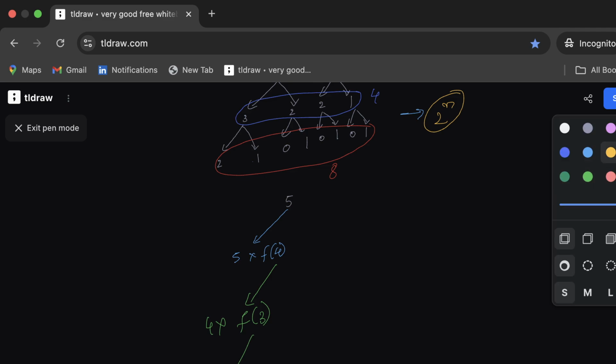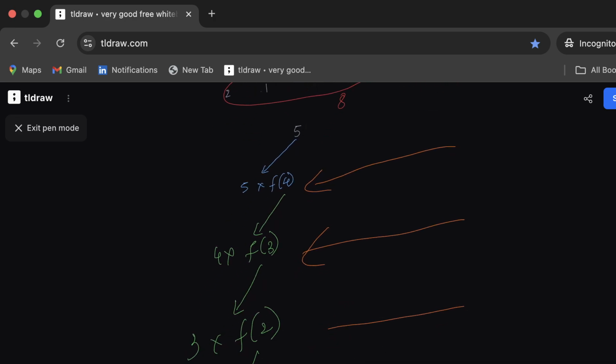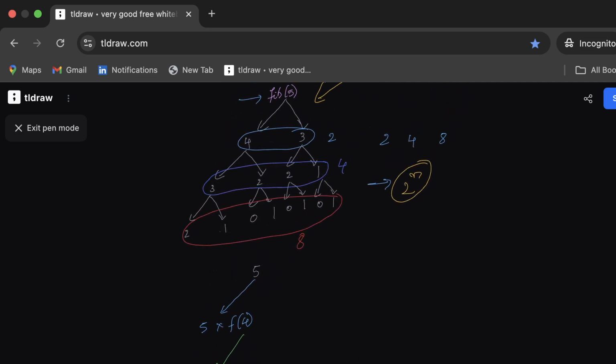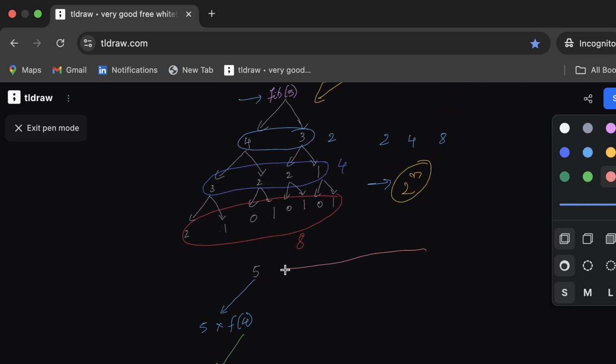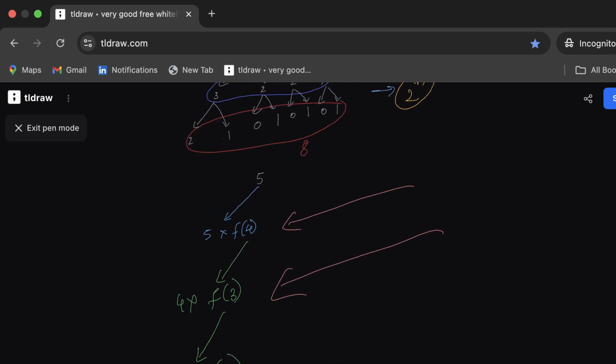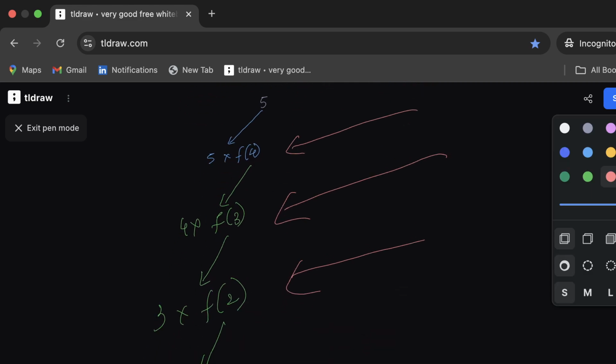This is the first call, for 5. I make a call to 4, then a call to 3, a call to 2, and a call to 1.